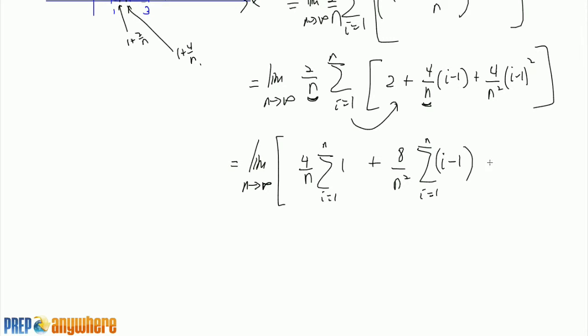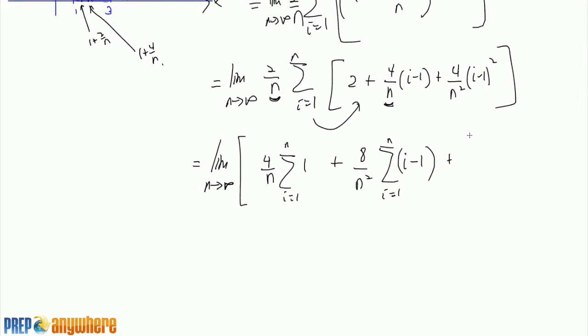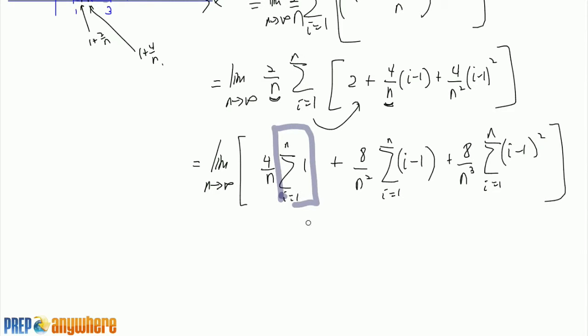You agree? Okay, lastly, you get 8 over n cubed sigma (i minus 1) squared. Okay, this first sigma is just going to equal n, right? n times 1, n. Okay, so we get that.